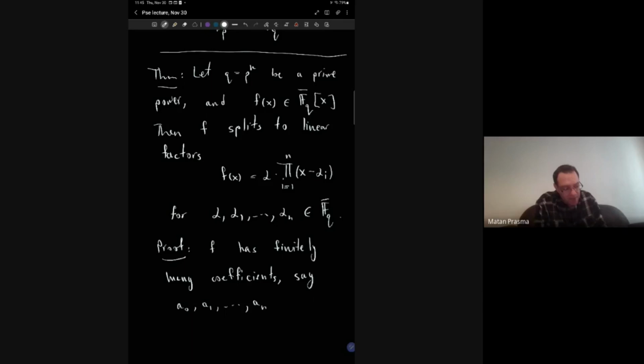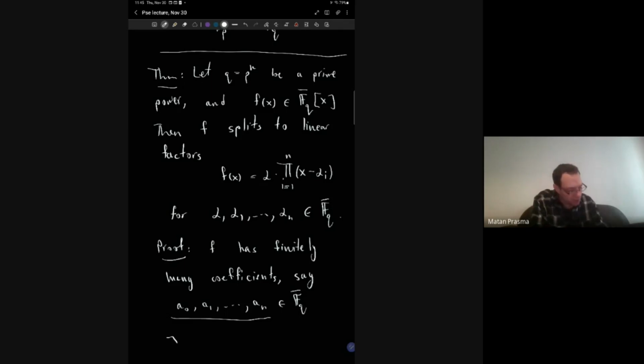Each of the ai is in the algebraic closure, so each of them separately must belong to some finite piece. The algebraic closure is a union of finite pieces, so all of them together must belong to some finite piece.